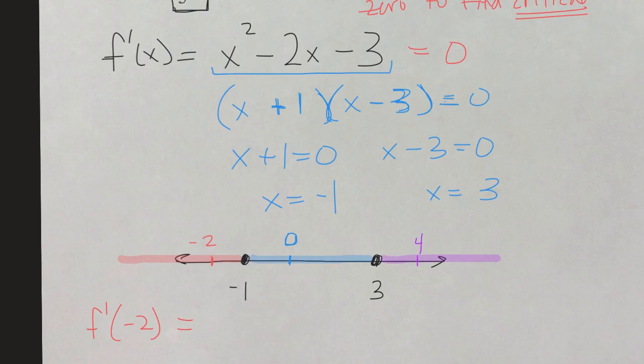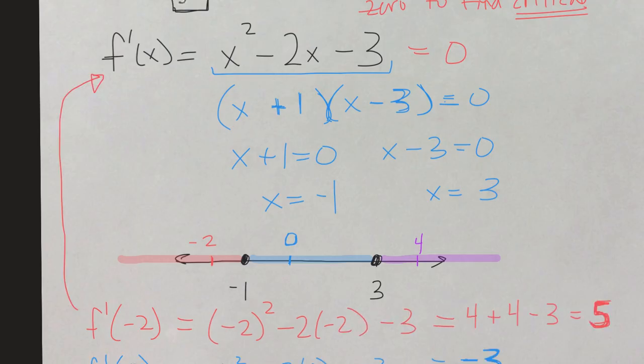So when I plug in -2, that's -2 squared minus 2 times -2 minus 3. Here are our evaluations. We get a positive 5 when we plug in -2. We get -3 when we plug in 0, and we get a positive 5 when we plug in 4.